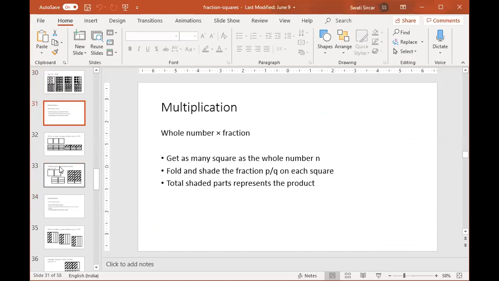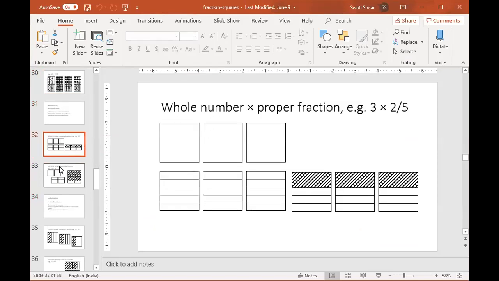This is how you can think about it. When you are multiplying a whole number by a fraction, you start with the whole number. So 3 times 2/5: you take 3, then split each one into 5 equal parts, and then share 2 out of 5 for each.